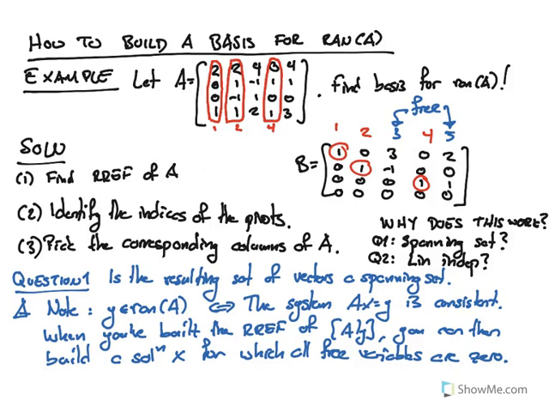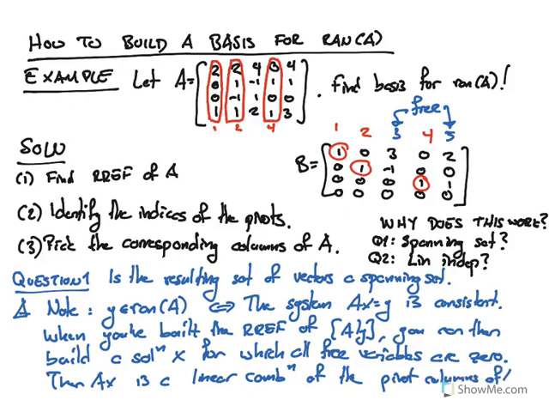It will form Y as a linear combination of the pivot columns of A. So then AX is a linear combination of the pivot columns of A. So this is how you choose them.